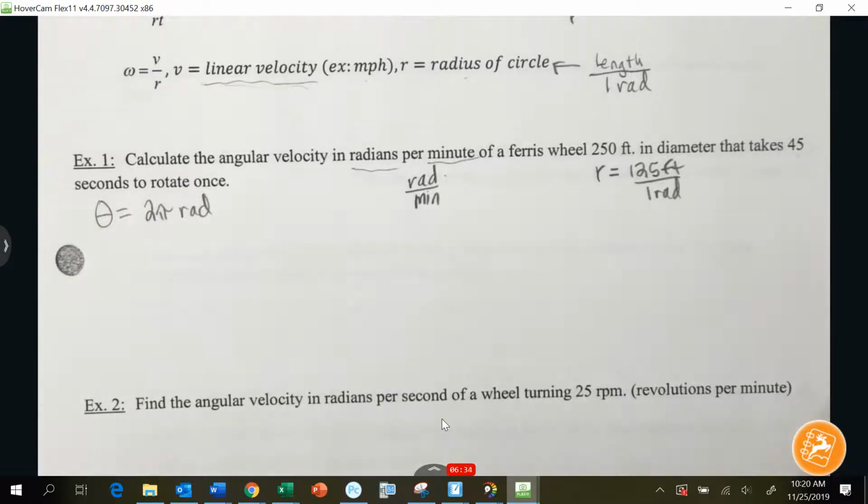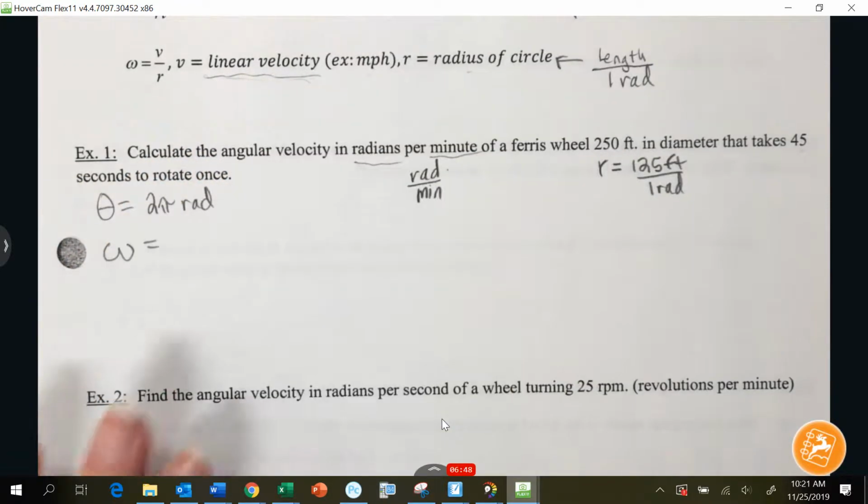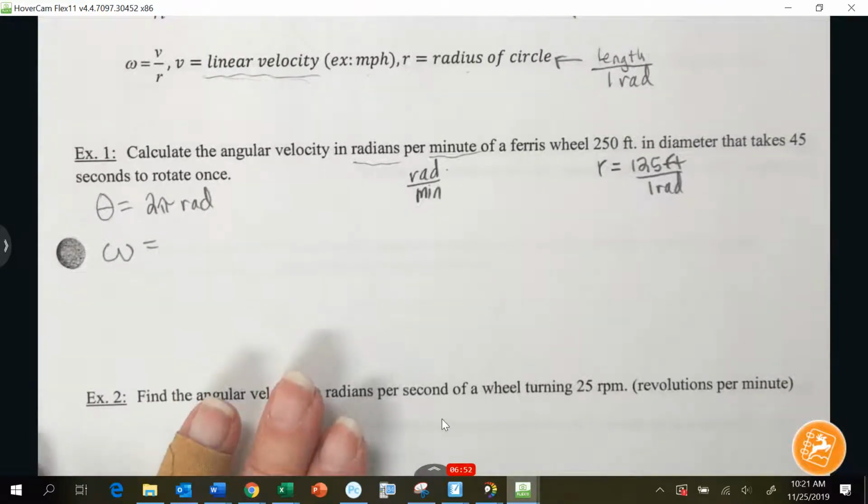Which formula could I use? What are we trying to find? Angular velocity.